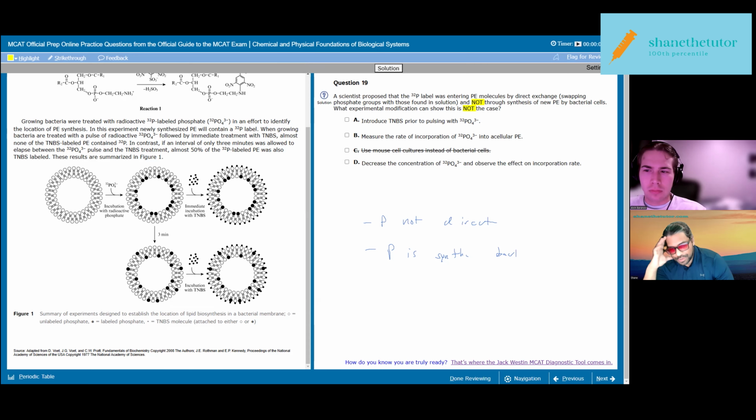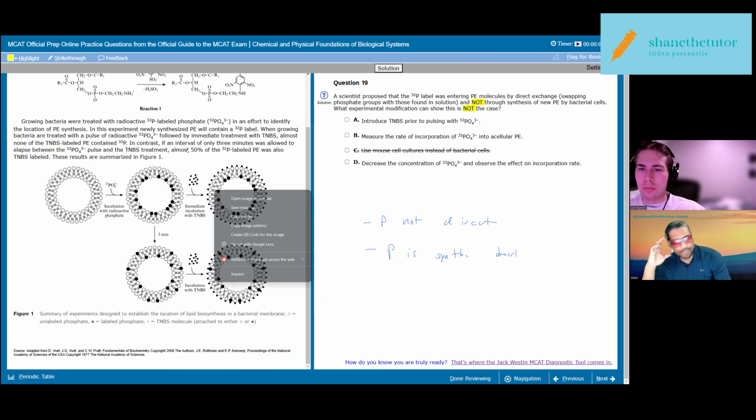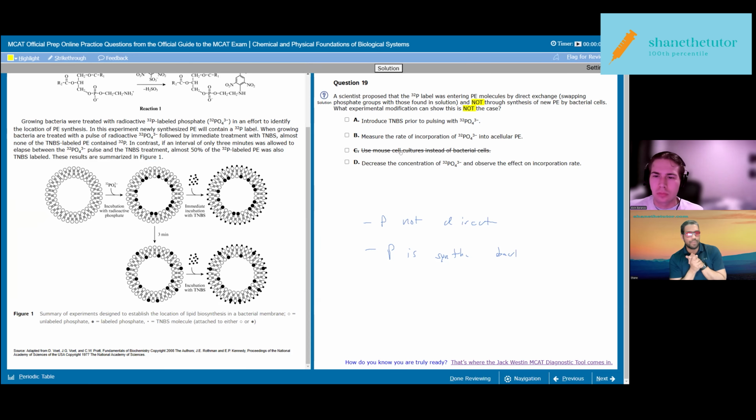So okay, if you did the TNBS before pulsing it, you'll have the outer membrane attached to the TNBS, but you won't have the phosphates labeling anything.